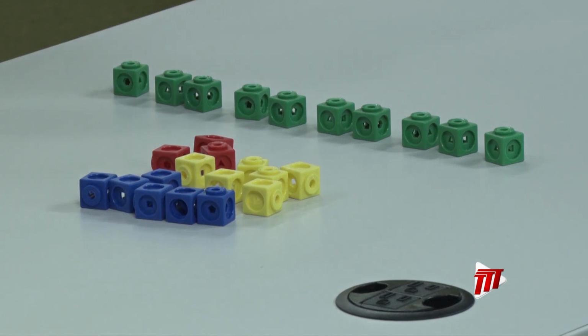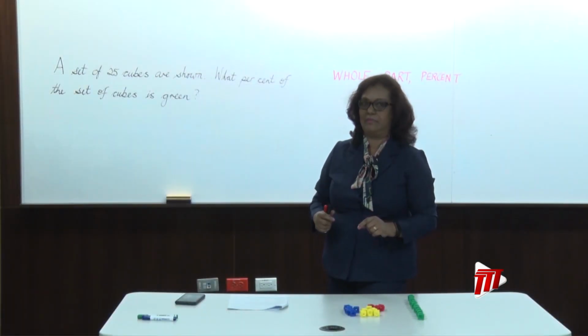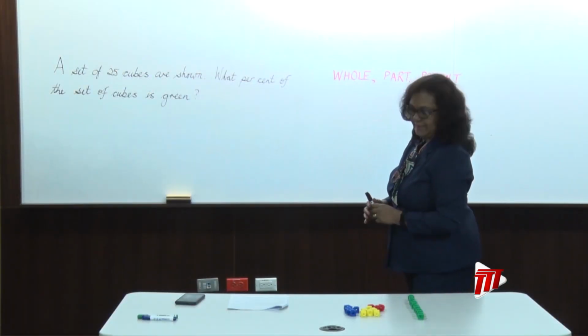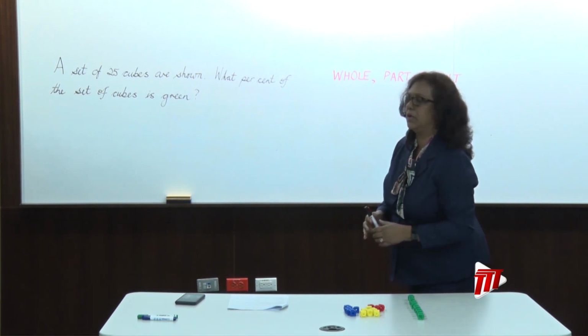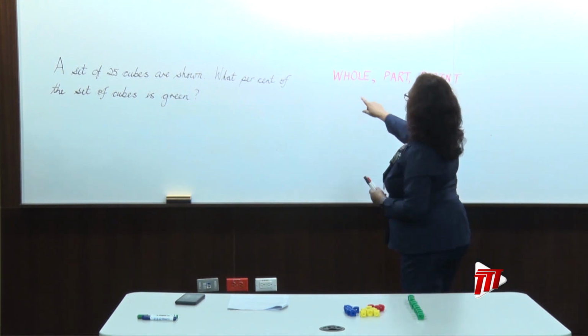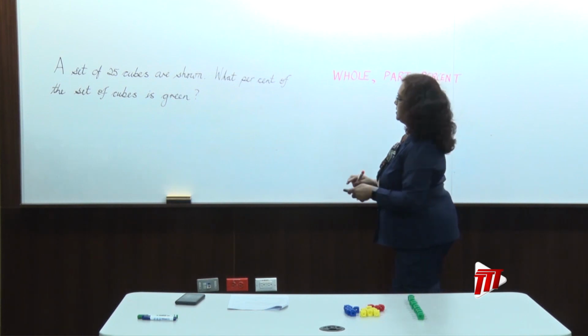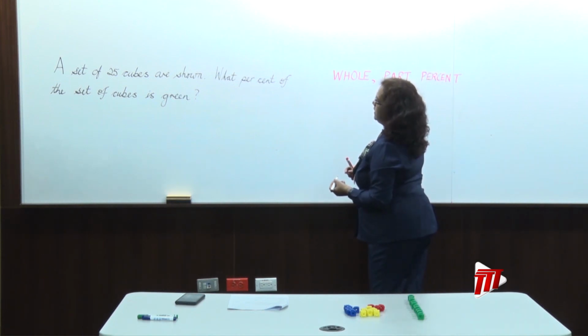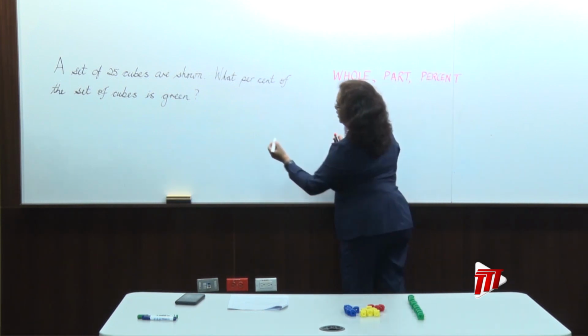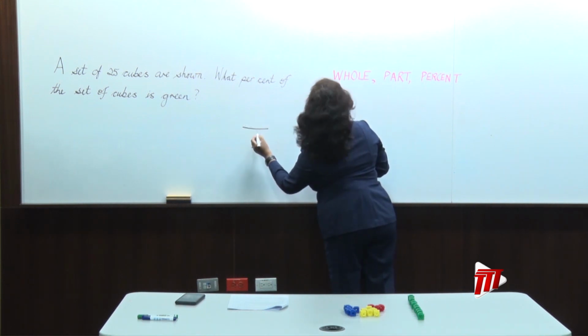So I want to represent the 10 green cubes as a percentage of the whole. So let me identify what is my whole. My whole is 25.